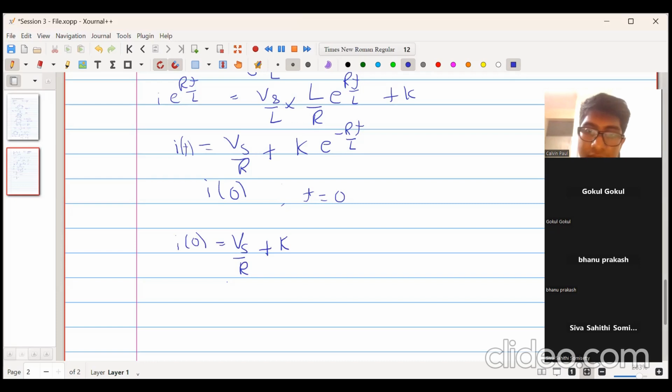So it will be plus K. So we get K to be equal to I of 0 minus Vs upon R.